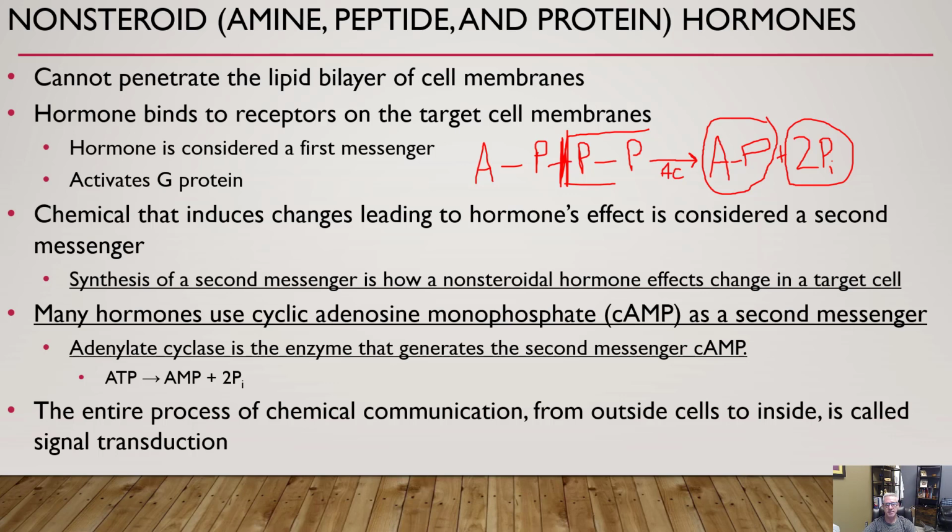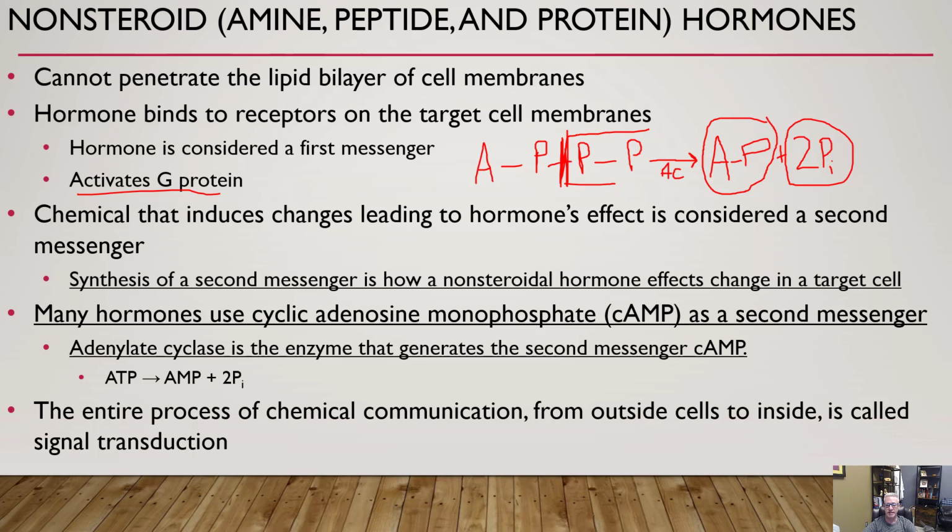We can have cyclic AMP abnormalities. There's a syndrome out there called McCune-Albright syndrome. Basically, it's a defect in this G protein that activates adenylate cyclase, converting ATP to cyclic AMP.